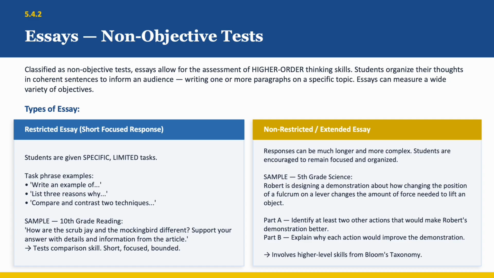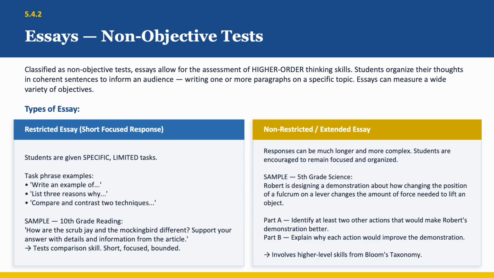Compare and contrast two techniques. Look at the sample for a 10th grade class: How are the scrub jay and the mockingbird different? Support your answer with details from the article. It is focused, bounded, and directly tests a specific skill, which is comparison.